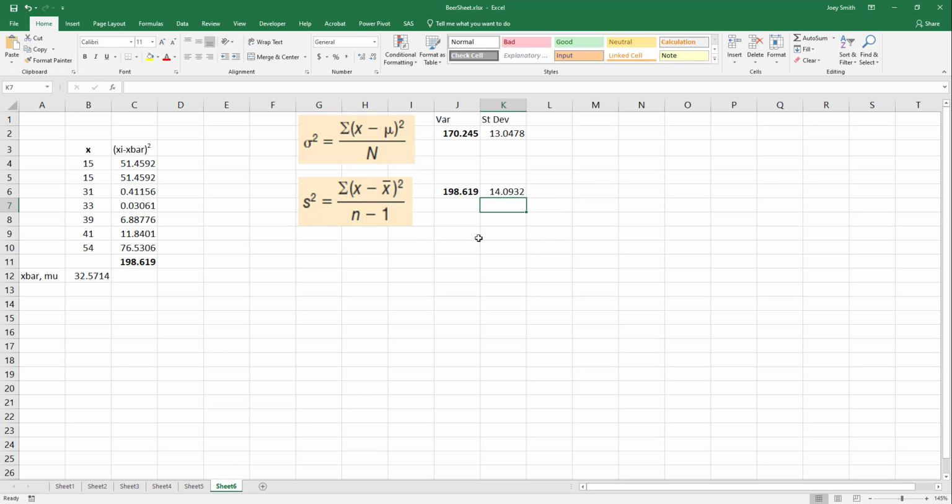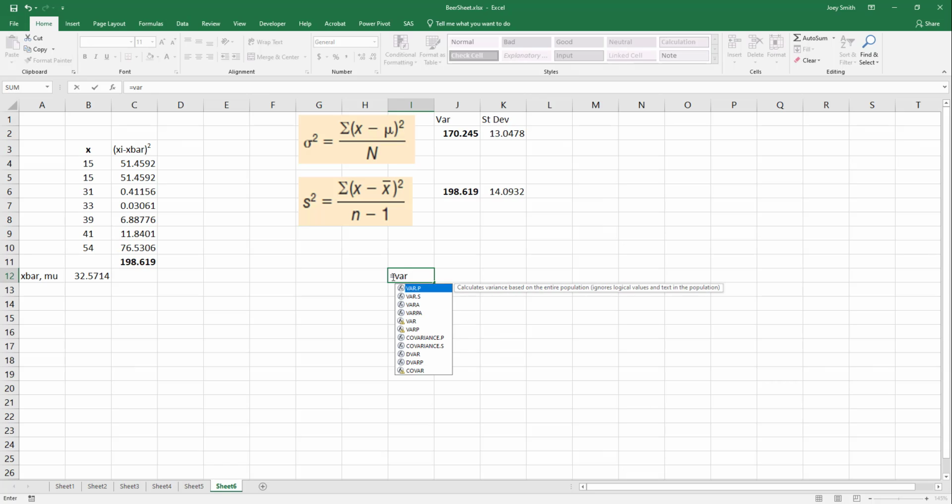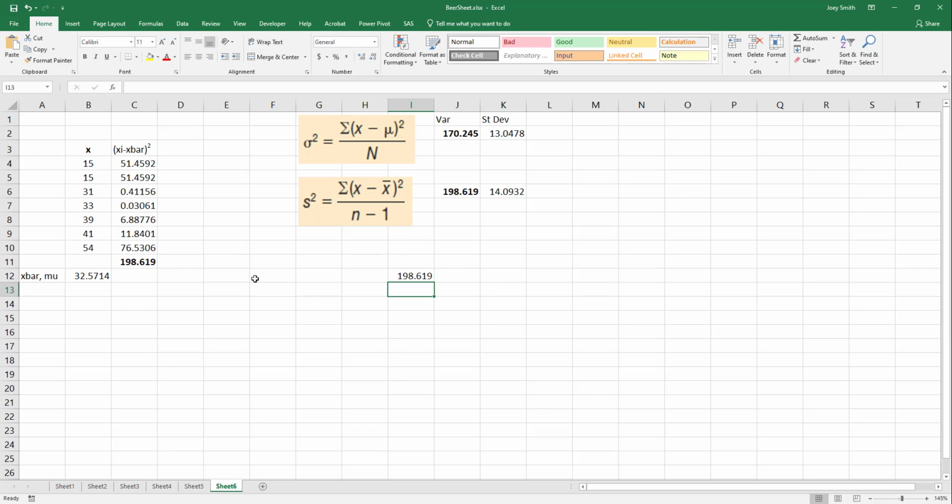Usually we have a sample and not a population, and so most of the numbers that we calculate end up being sample statistics, not population parameters. If you type into Excel equals VAR and highlight a column, Excel returns the sample statistic, not the population parameter. And so again, if we were to say equals VAR, open parentheses, and we don't tell it whether it's population or sample, and we select these same numbers, you can see that it gives us the sample statistic.